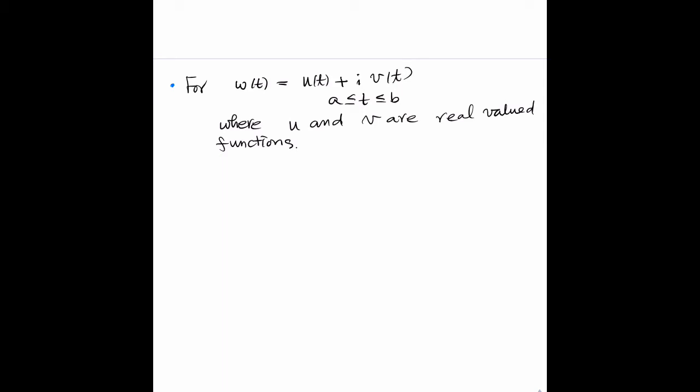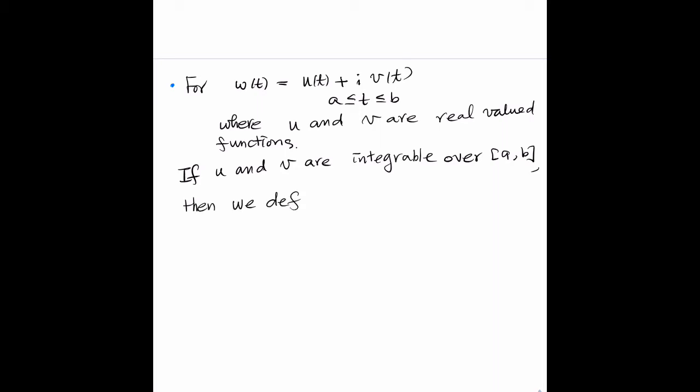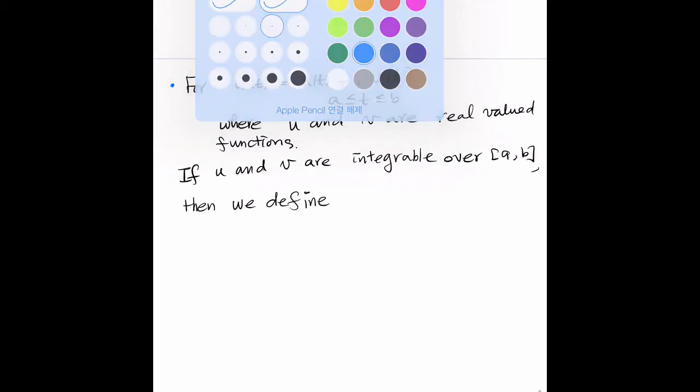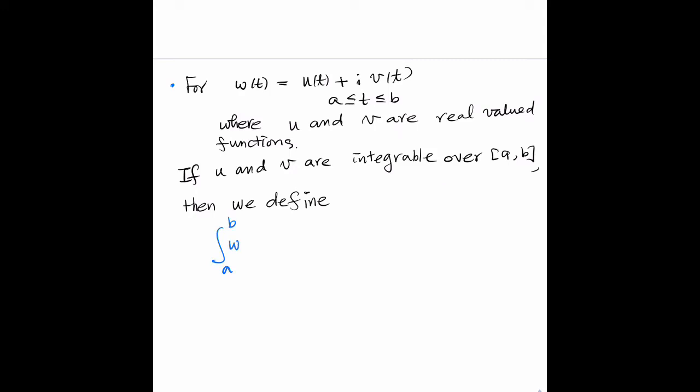So in this case, if u and v are integrable over the closed interval a b, then we define the integral from a to b of w of t dt as follows. Since u is integrable, you can compute the integral of u of t dt, and also i times the integral from a to b of v of t dt. This is a very simple definition, right?